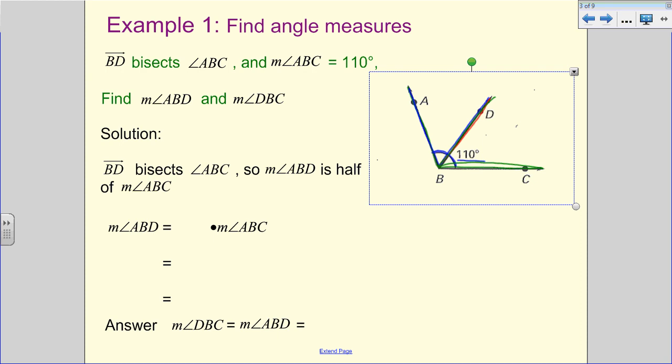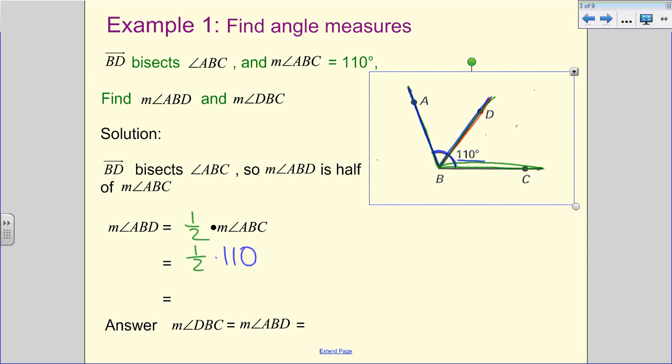Here's how we find our solution. Since ray BD bisects angle ABC, we know that the measure of ABD is half of the measure of angle ABC. So ABD equals 1/2 times the measure of ABC, which is 1/2 times the 110 degrees.